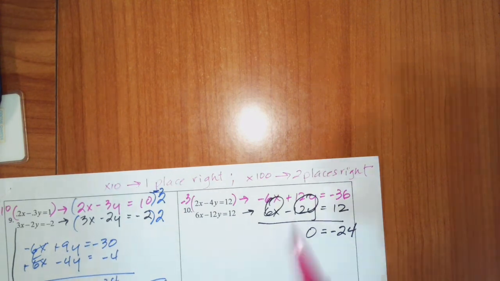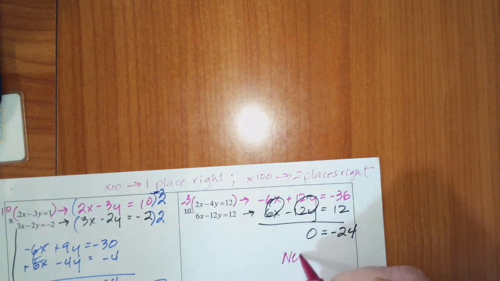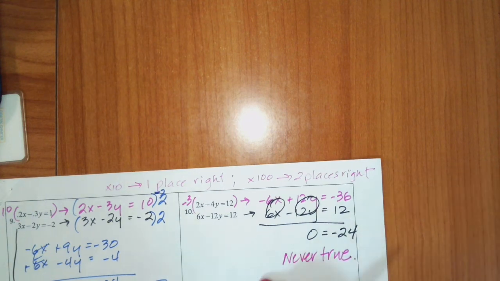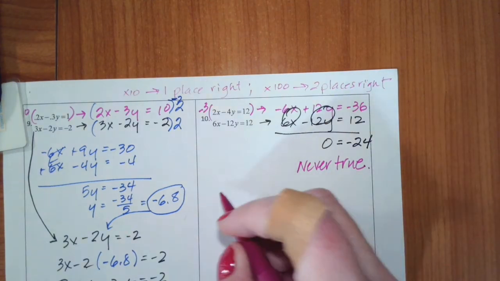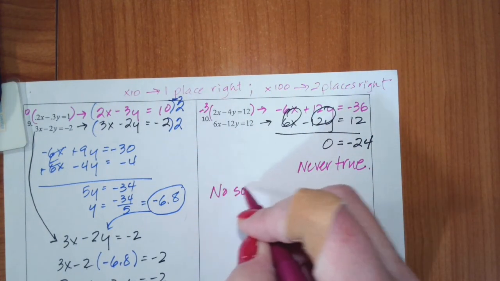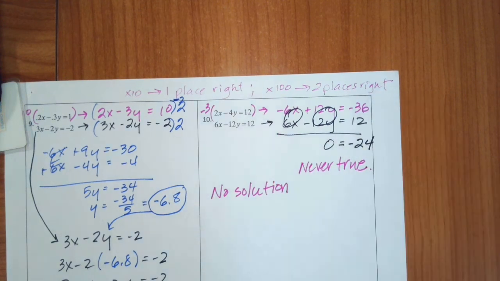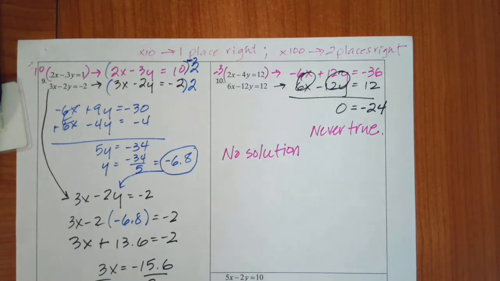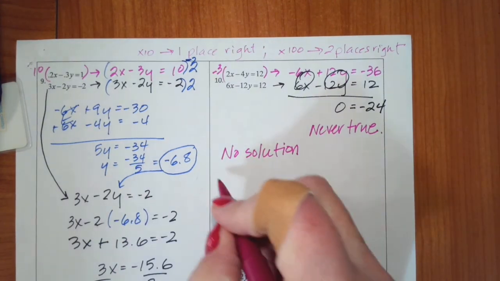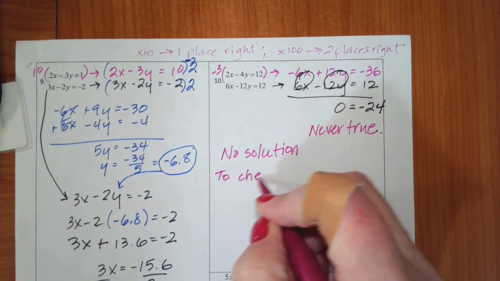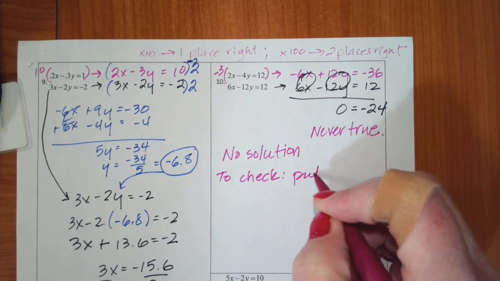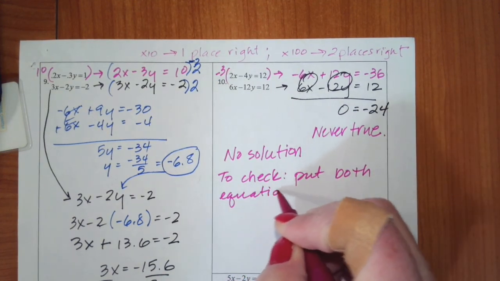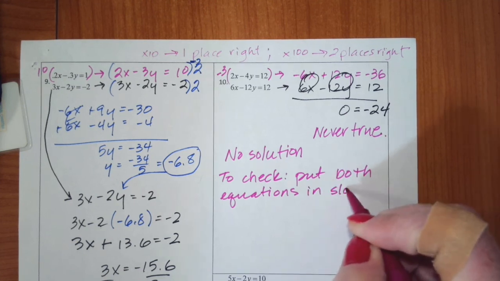Okay. This is never true. If you end up with a statement that is never true, that means there is no solution. Now, if you think you've made a goof or you wonder why that is so, to check, put both equations in slope-intercept form.